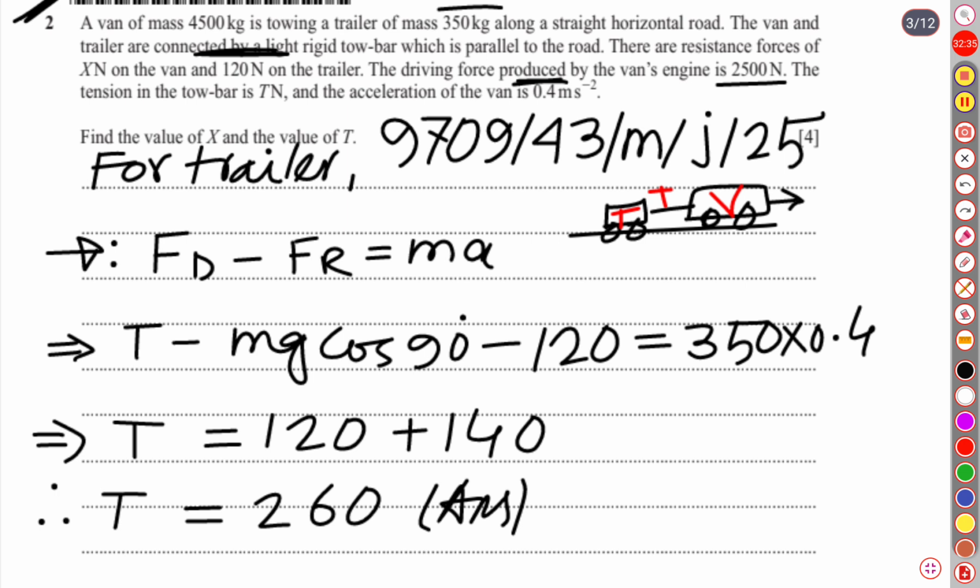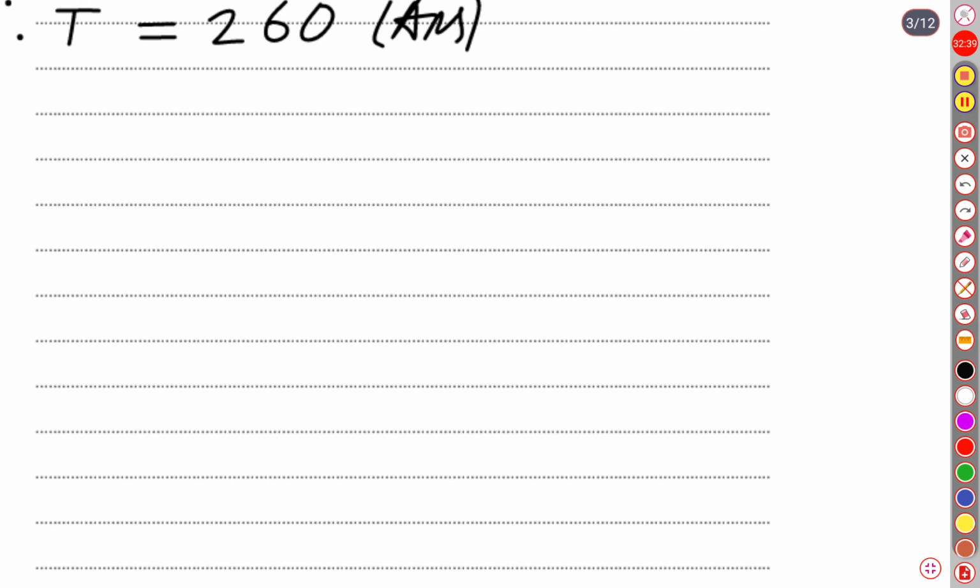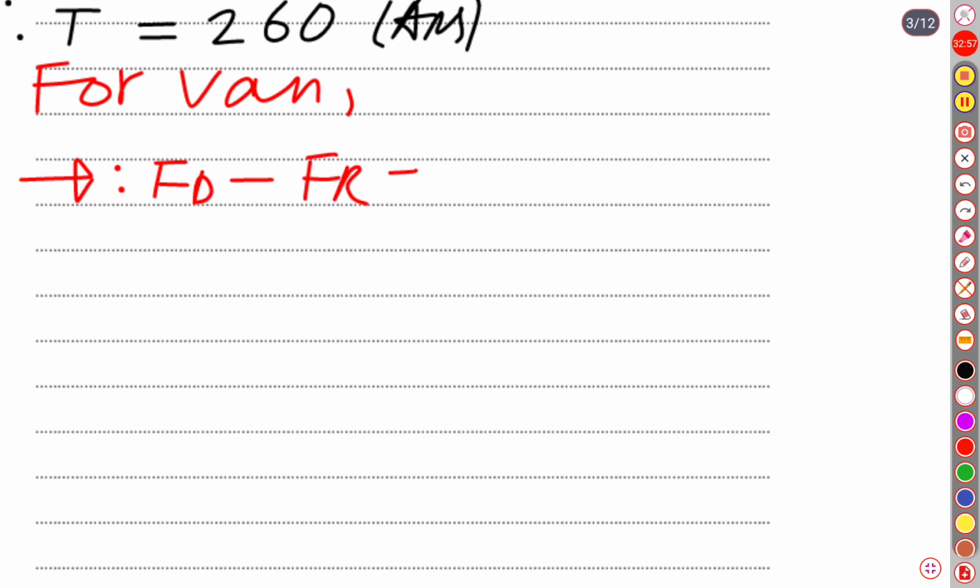Then for the van, both of them are actually moving on the same horizontal track. So for the van, driving force minus resistance to motion is equal to mass into acceleration.